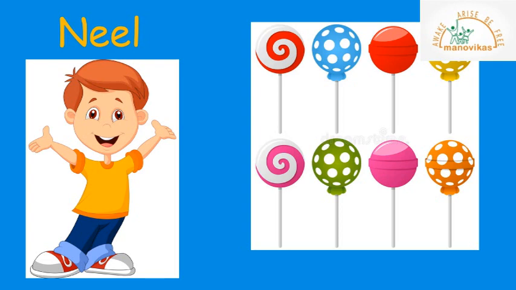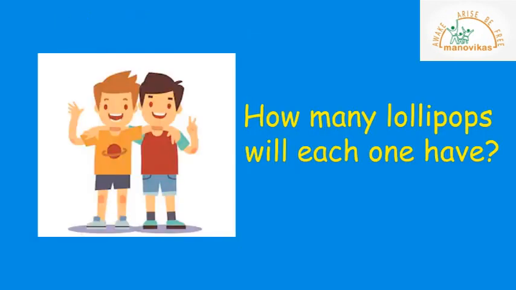He wants each of them to have an equal number of lollipops. These are his 2 friends. How many lollipops will each of them get if he has to give them both an equal number of lollipops?